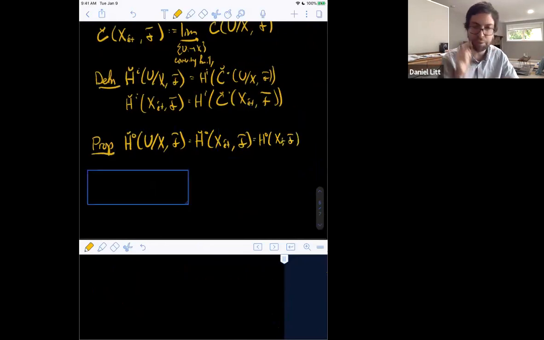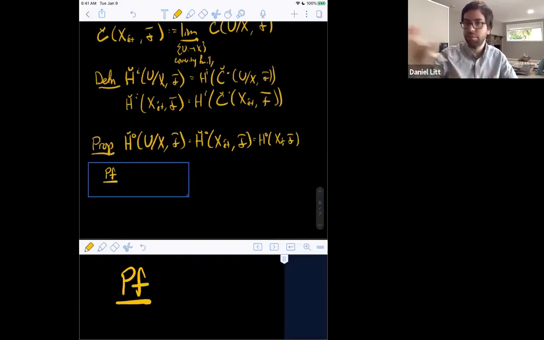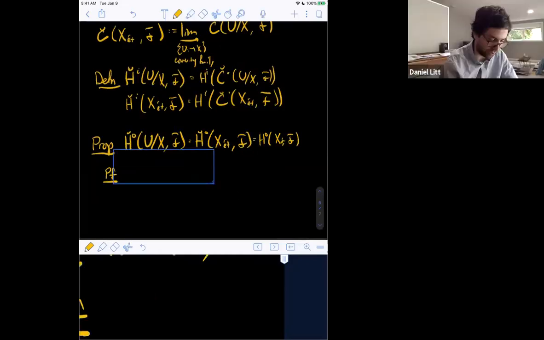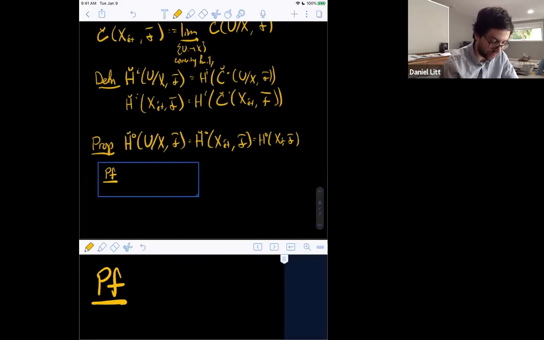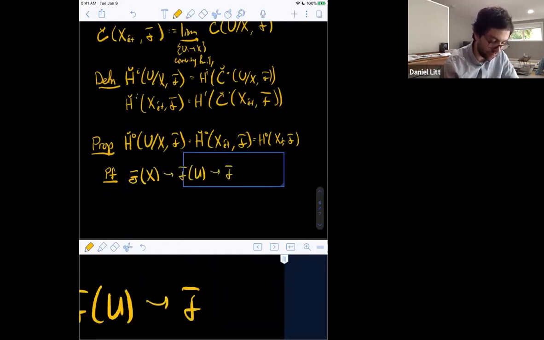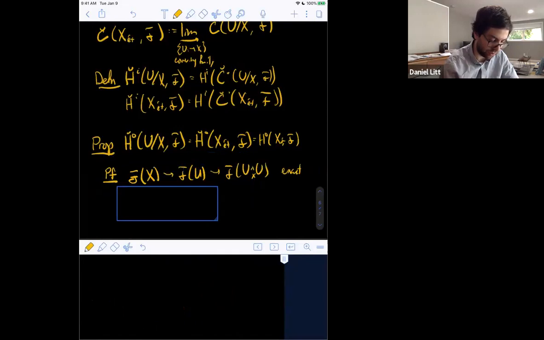Okay, so can anyone tell me why this is true? Because F is a sheaf. Yeah, this is exactly the sheaf condition. So the proof is that we're saying that F(X) to F(U) to F(U ×_X U) is exact, but this is the sheaf condition.